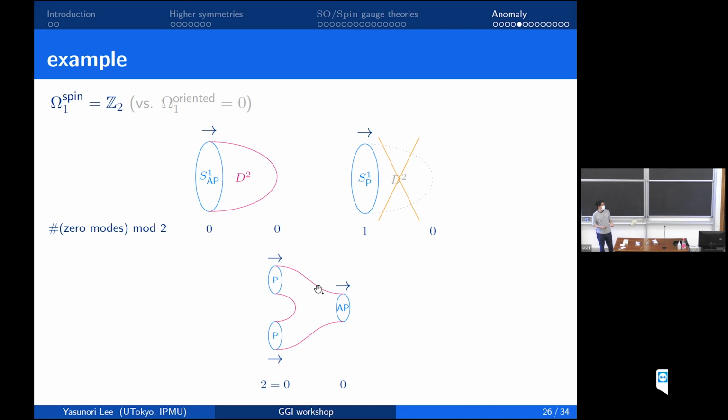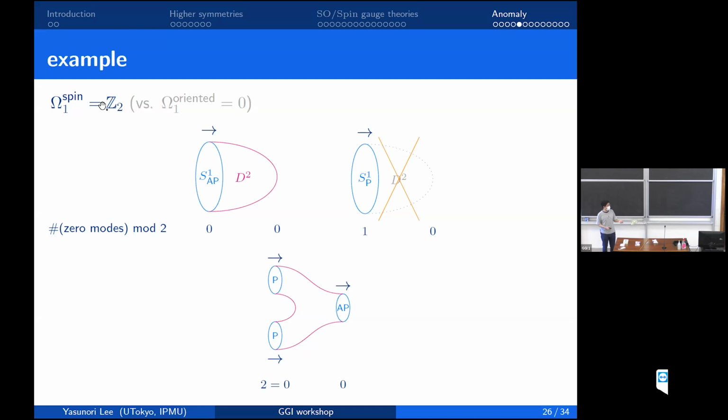But if you further take spin structures into account, some of the Bordism groups get modified. For the one-dimensional case, by taking spin structures into account, there are actually two types of circle. One is a circle with periodic boundary condition, and the other is a circle with anti-periodic boundary condition. And it is known that the two-dimensional disk with spin structure is bounded by the anti-periodic circle.